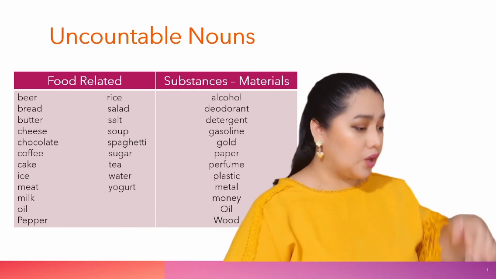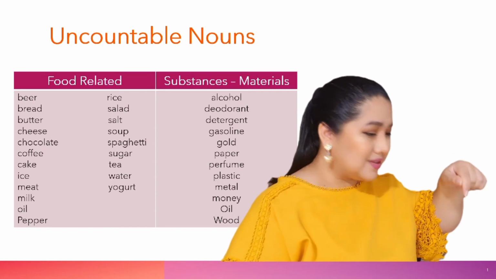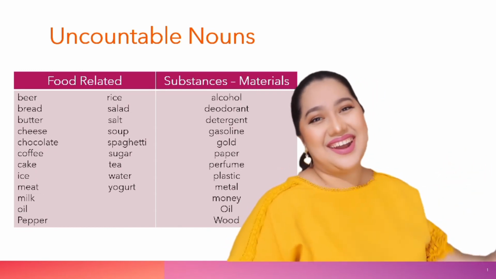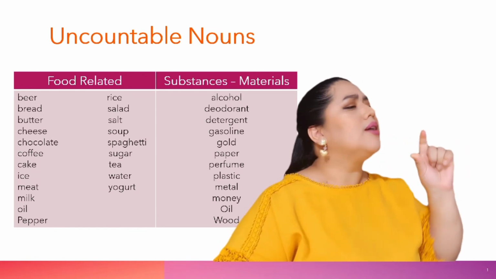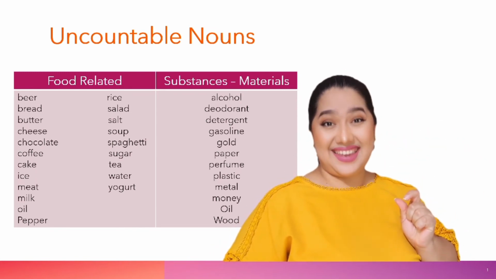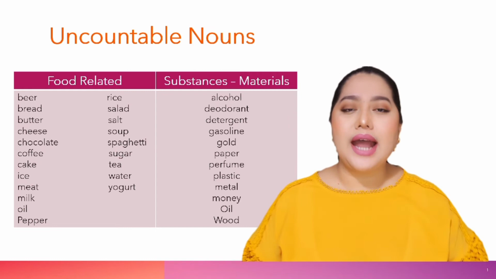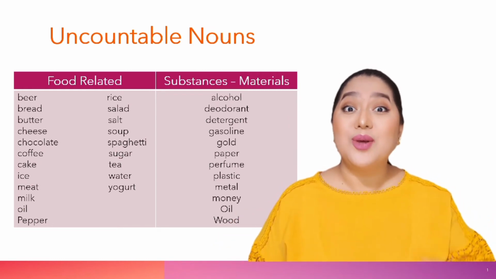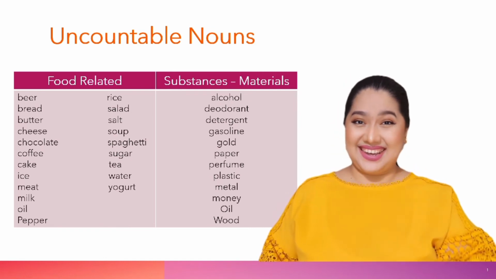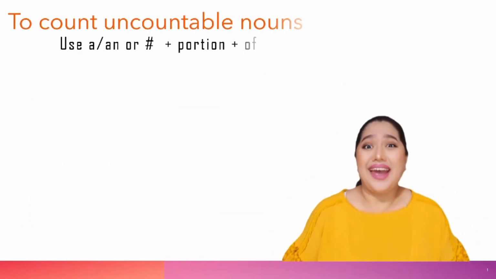For example, sugar, 1, 2, 3, 4, 10 sugars. No, right? So we say something, a teaspoon of sugar, some sugar. Yes, that is correct. Okay, now how can we count uncountable nouns? Well, we need something else. Let's see it.